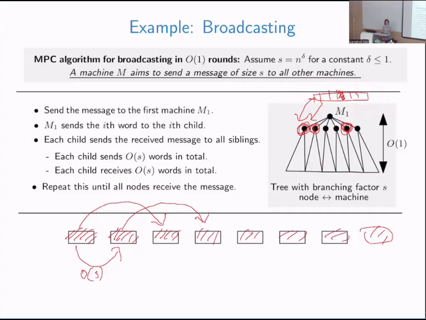Let's look at this. At the end of the first round, this machine has a single word, the first word. And in the second round, it sends this single word to all its siblings. Then at the end of the second round, each child has all the S words.